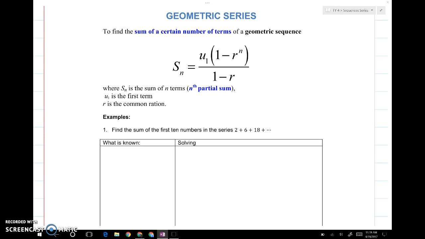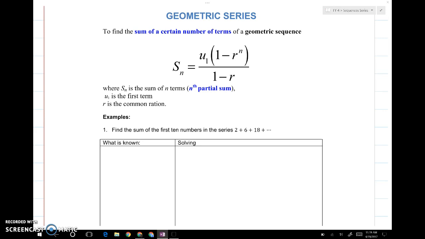Okay, so today's lesson is on geometric series. So basically, we are adding up the numbers in a geometric sequence, which means that there is a common ratio. Again, remember, something that I'm multiplying by, or multiplying by a fraction. So here is our formula.